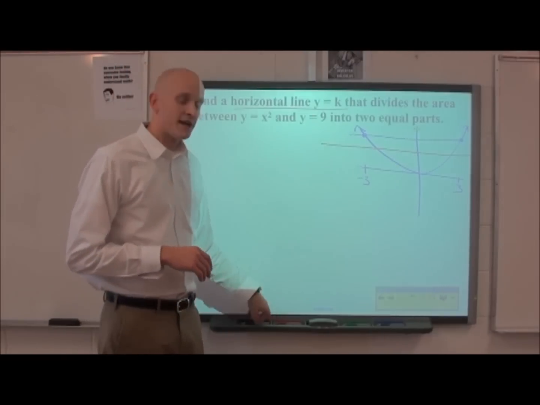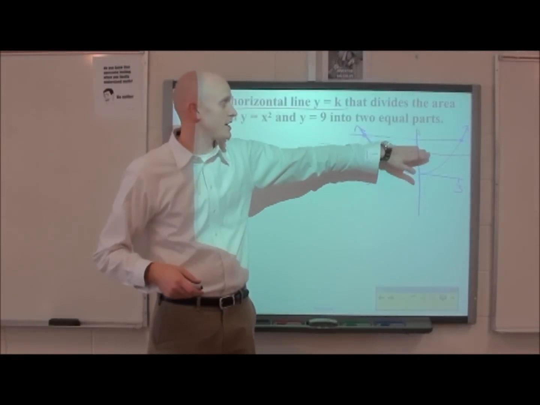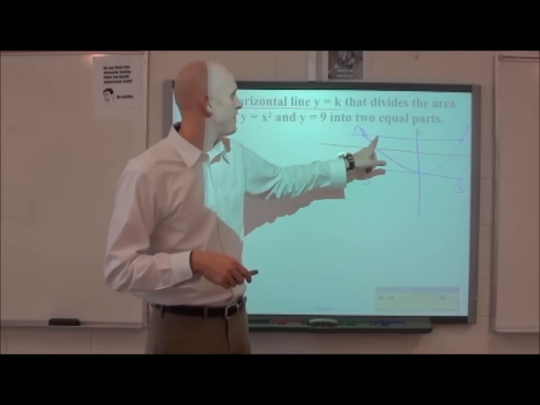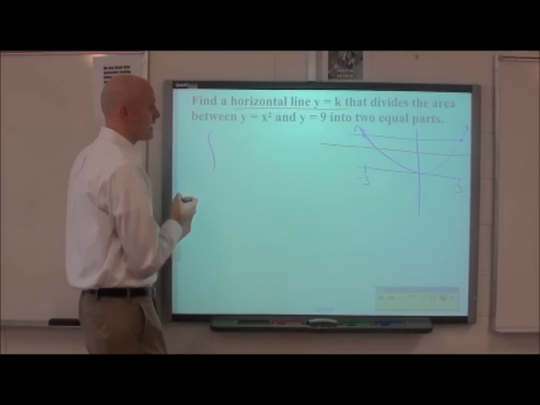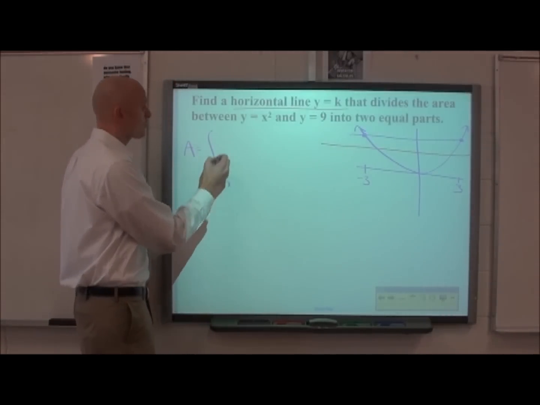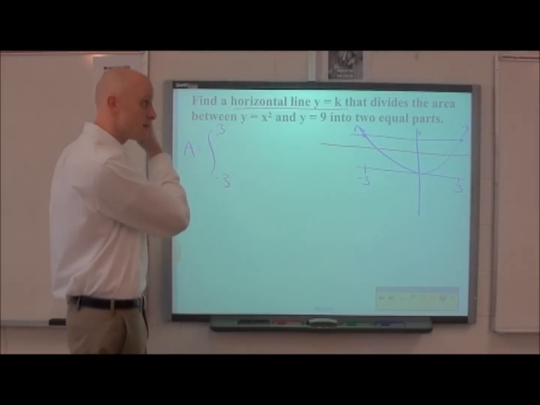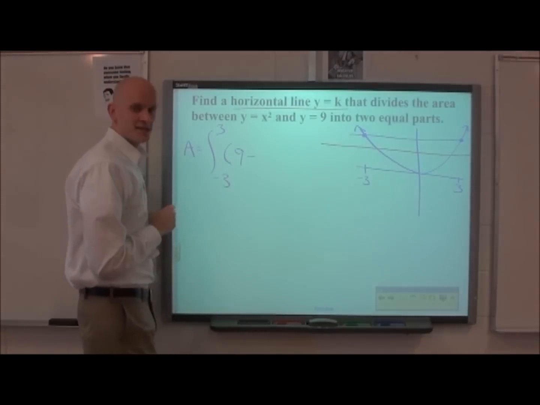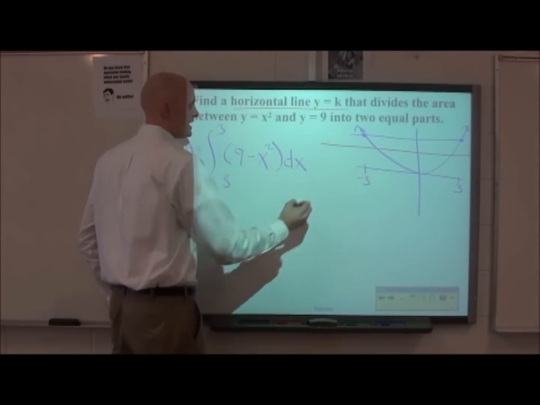Now, a couple of things that we need. First, we need to know this total area here before we even get into the line y equals k. That total area you can find very easily by our area integration. So from -3 to 3, and we're integrating with respect to x in this case, the top curve, which is 9, minus the bottom curve, which is x squared, dx.